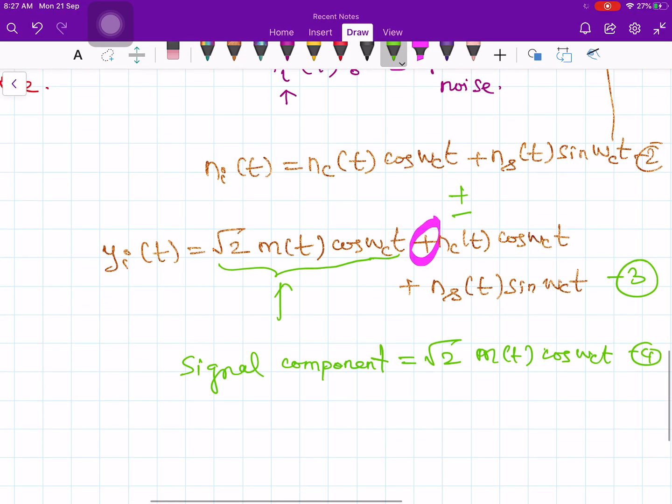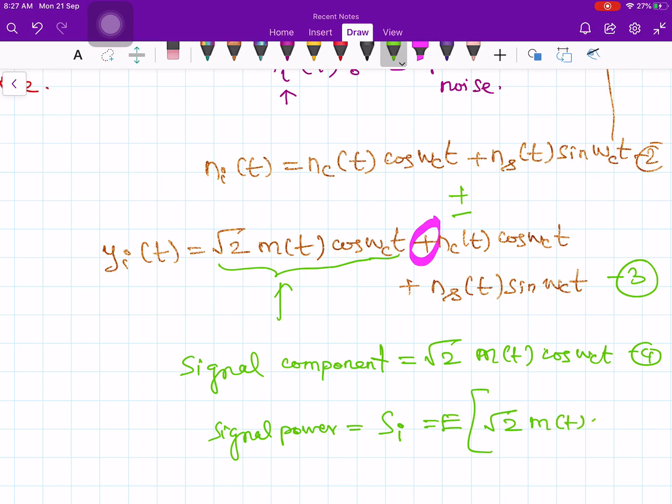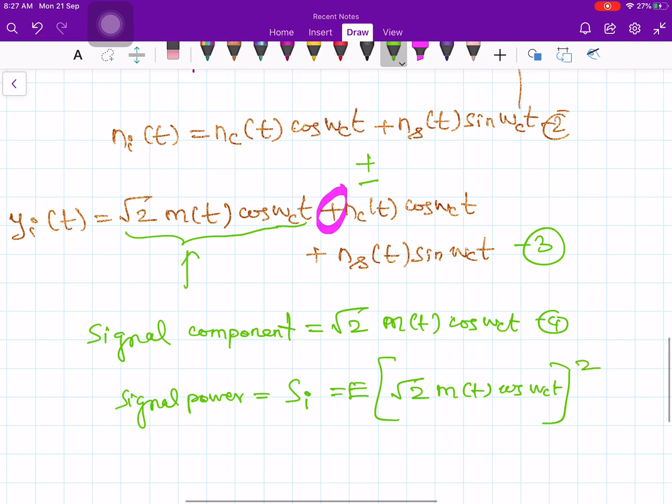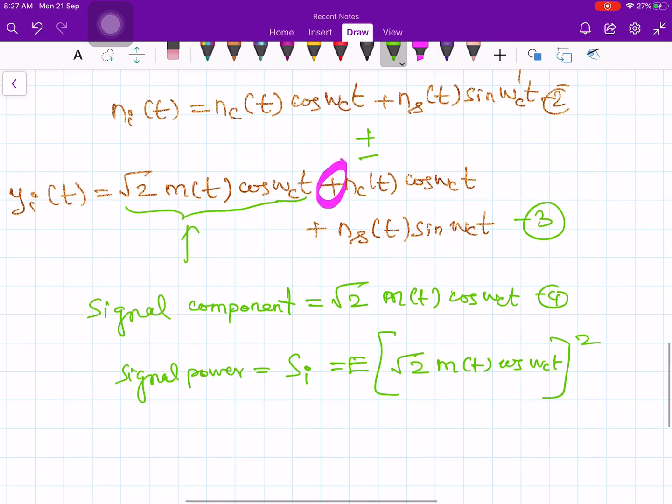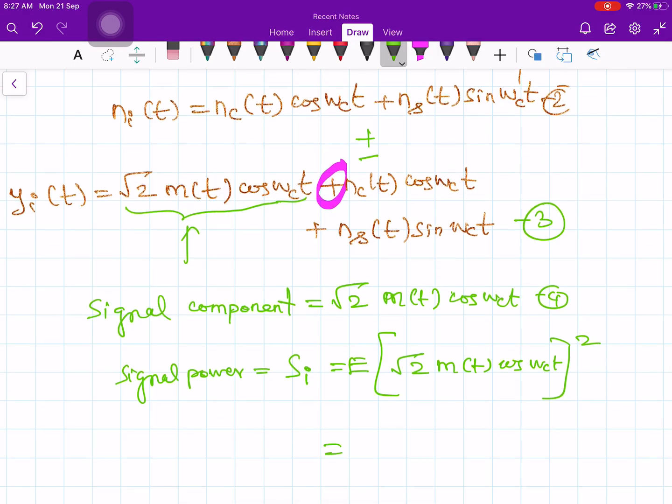And then, what is the signal power? Signal power, let me say Si, is equal to the expected value, because it is a random signal, right, of root 2 times m of t times cos omega ct whole square. Okay, expected value of this one. Now it becomes expected value of 2 times m square of t cos square omega ct.